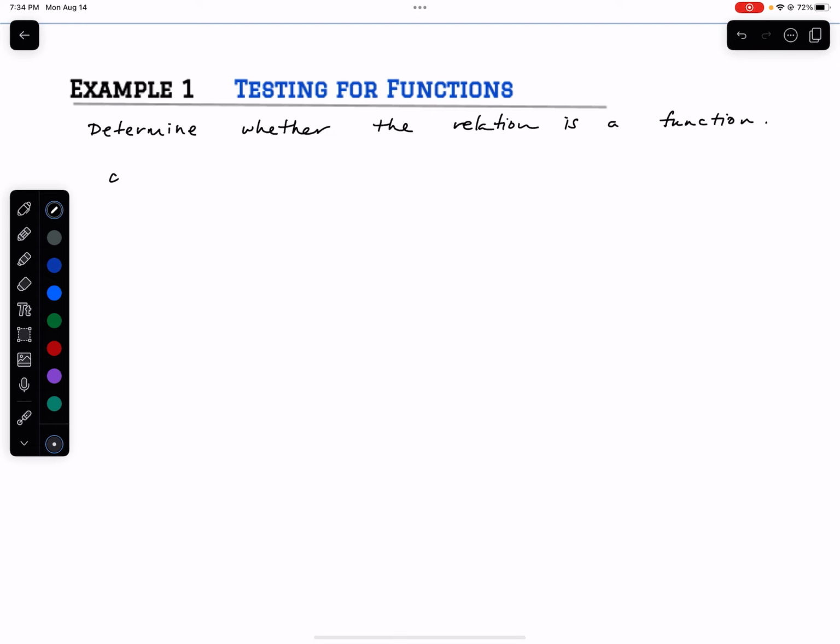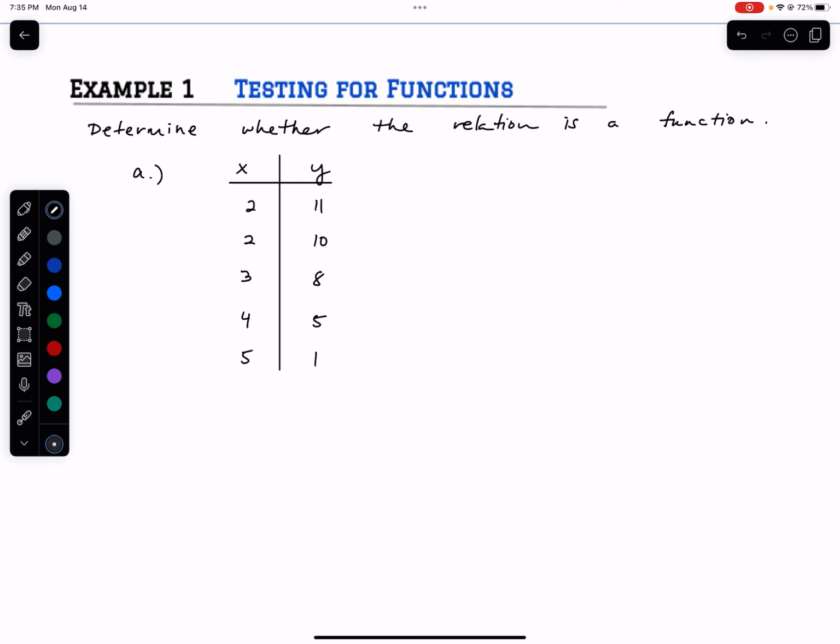Okay, so for part A, let's go ahead and do a table. So we give you guys a table where the inputs are 2, 2, 3, 4, and 5. And the outputs are 11, 10, 8, 5, and 1.